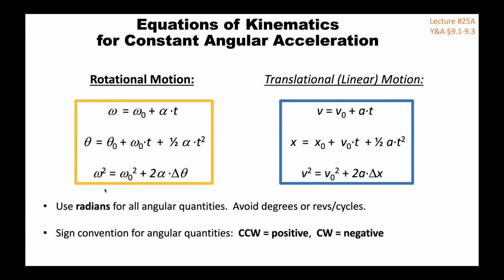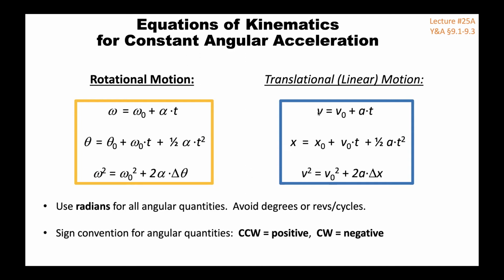One way for us to remember these new rotational equations is just to take any one of these original three linear equations and substitute in the rotational equivalent for each of the kinematic quantities. So wherever you see position or displacement, substitute in angular position or angular displacement.